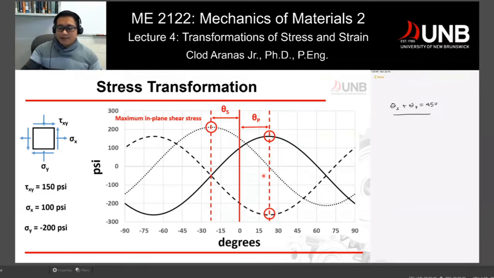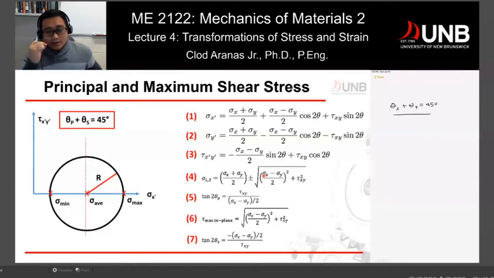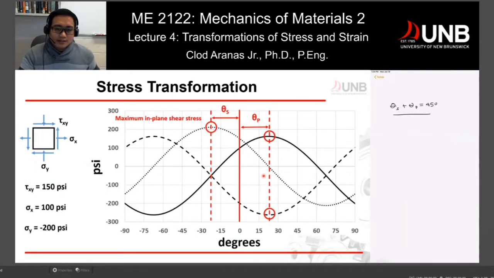In the last lecture, we showed that this sinusoidal behavior behaves like a circle, following a certain equation of a circle.